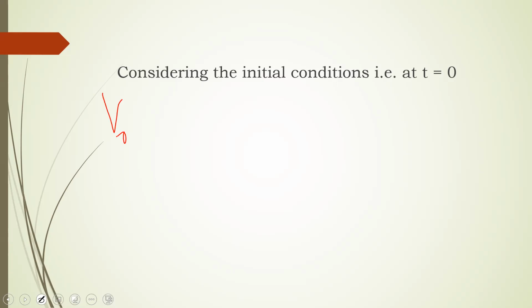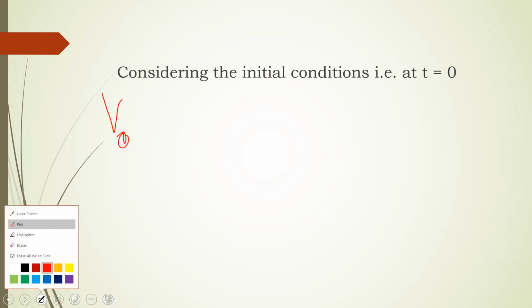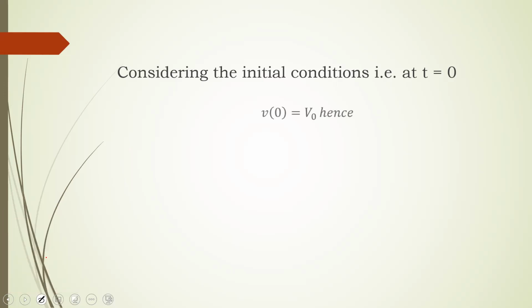All right. So at t equals 0, we know that the voltage across the capacitor is V0. So we are going to make the substitution in our solution.